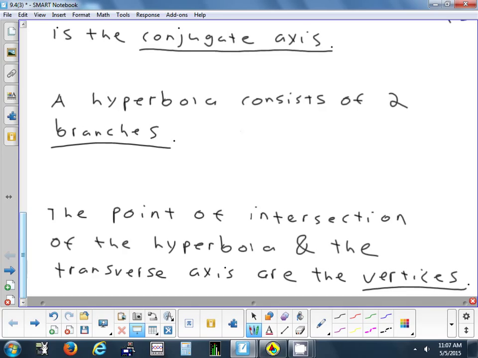So the picture I had on the other page, there's your branches, there's your transverse axis, there's your vertices, and your two foci would be somewhere in here.